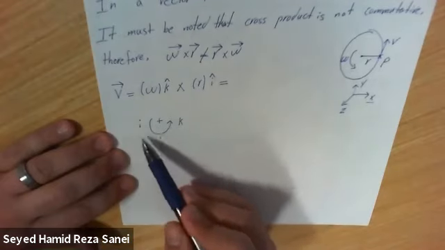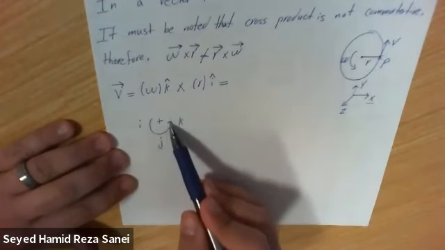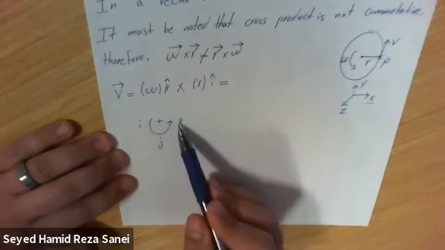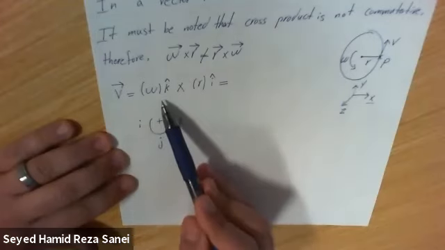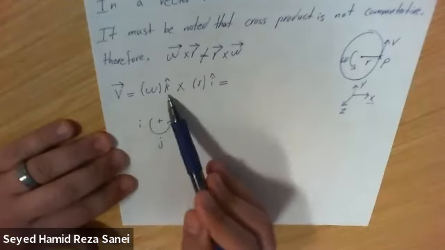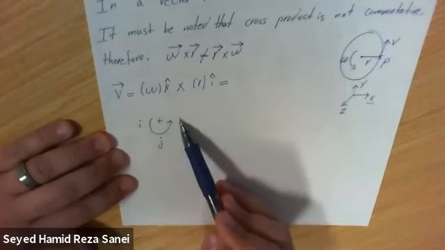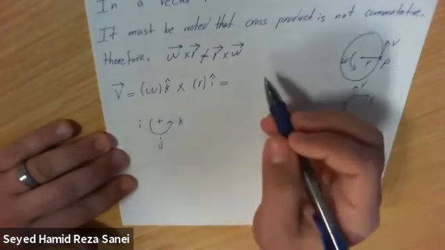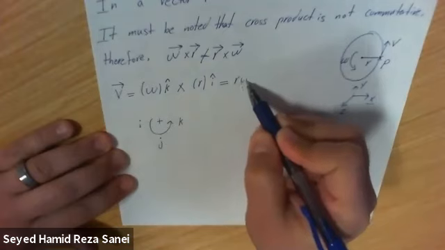In the opposite direction it would be negative, in the opposite direction of the arrow. So j cross i would be negative k. Going back to what we have written, k cross i, I'm moving in the counterclockwise direction, which is positive, so that would be equal to j. So I can write R omega j.